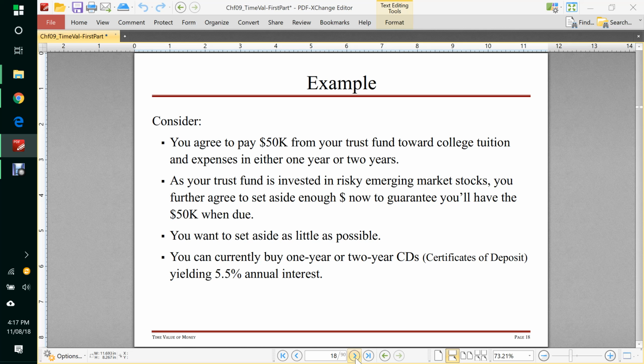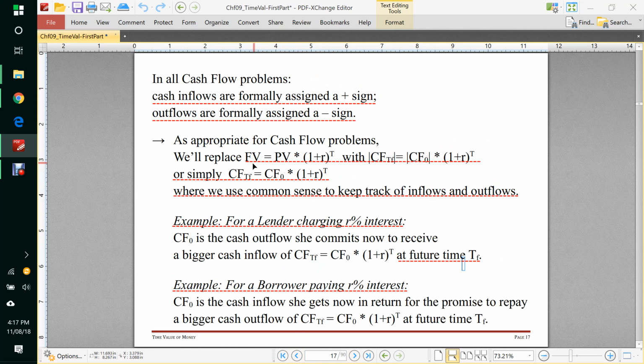So if we keep our wits about us, we can work with either the FV = PV times 1 plus r to the t format, or the cash flow TF equals cash flow sub 0 times 1 plus r to the t. Either one is going to work for us. Just be careful about what's an inflow and what's an outflow if we're using the finance cash flow version of this equation.